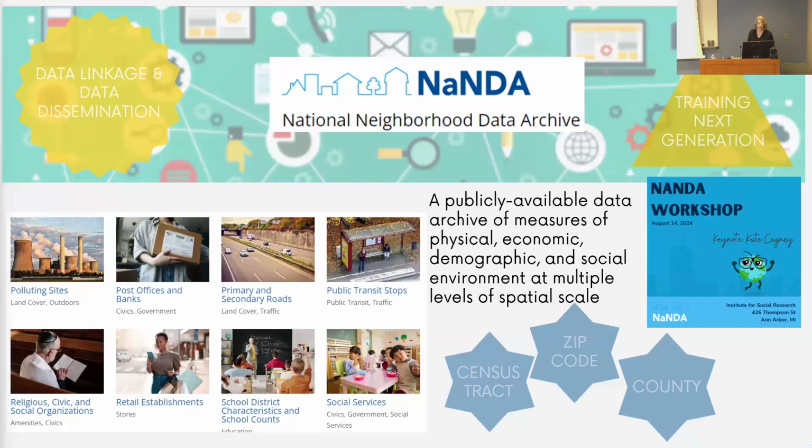NANDA is the National Neighborhood Data Archive, run by some of our colleagues in SRC who are also friends of PSC. It's a publicly available data archive of measures of physical, economic, demographic, and social environments at multiple levels of spatial scale. If you have census tract, zip code, or county indicators, you can link in these environmental data, neighborhood level and beyond, to your existing study to understand how the landscape of inequity creating exposures might be operating in your population.